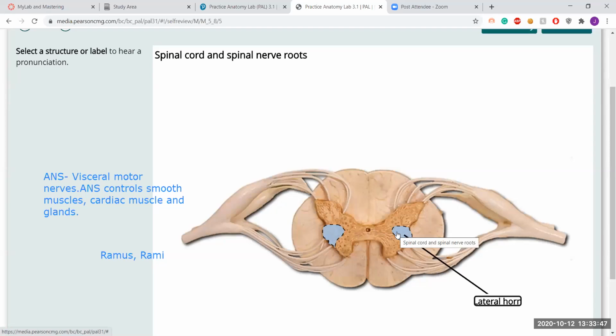See, earlier I said lateral horn. So dorsal horn contains sensory neuron cell bodies. Lateral horn contains autonomic motor neuron cell bodies, and ventral horn contains somatic motor neuron cell bodies. Okay.